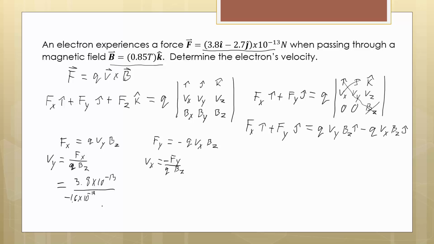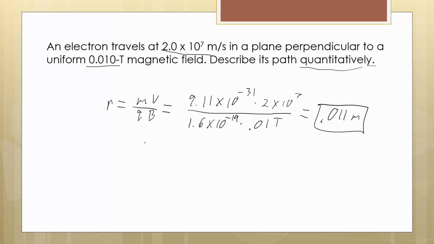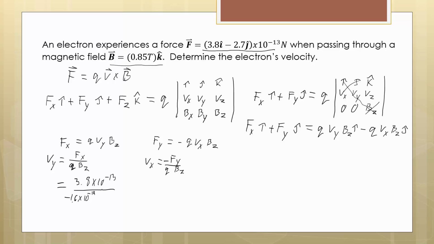That's going to affect our direction, so be sure and put that in. In the previous one, was it an electron? Yeah, but we just were worried about the magnitude, so that's why I left it off there. Anyway, moving right along, and then we've got 0.85 for the magnetic field, so this works out to be negative 2.79 times 10 to the 6th meters per second.